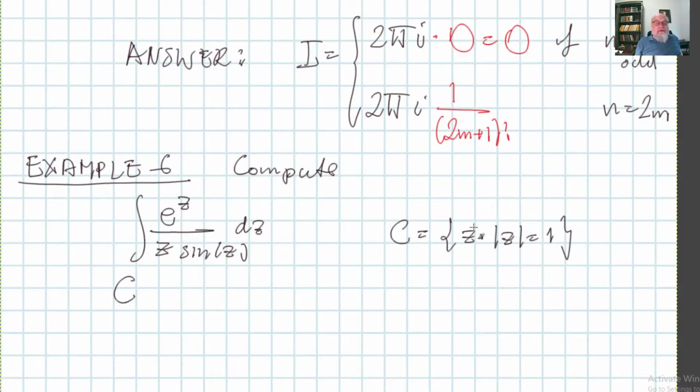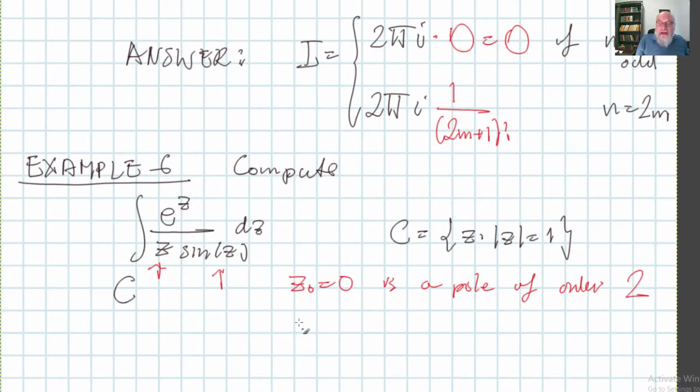Since you practice and you know very well how to determine the kind of singularity, you can easily notice that z0 equals 0 is a pole of order 1 here, 1 here, so this is order 2.